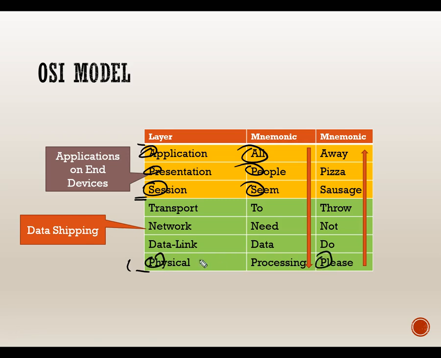Again, the first letter of each word in the mnemonic represents the first letter in each name of the layers. And they go from the bottom, 1, 2, 3, 4, 5, 6, 7, the bottom physical layer 1 to the top application layer 7. So different looks at what it is and what the names are.